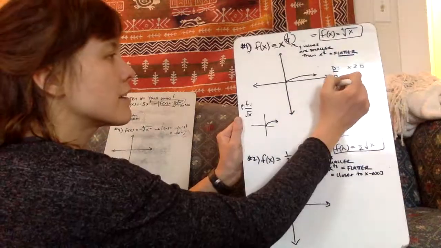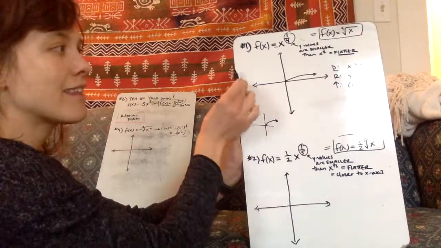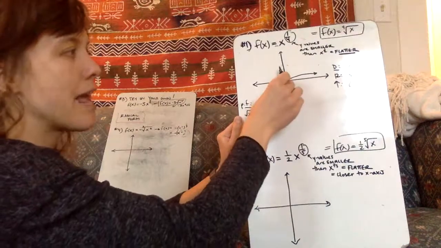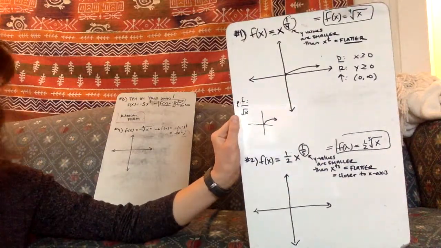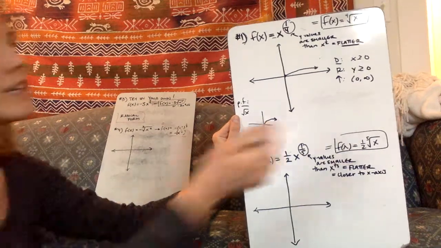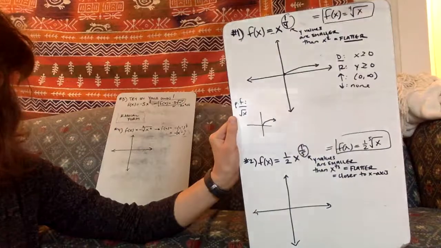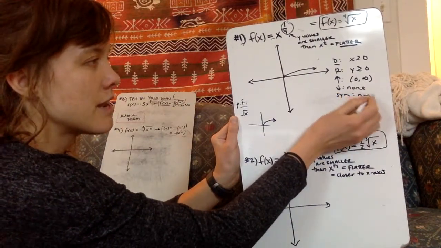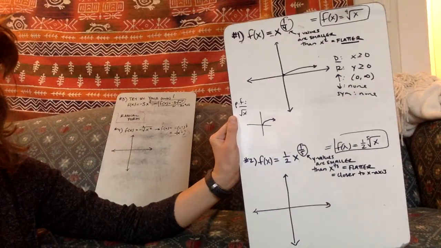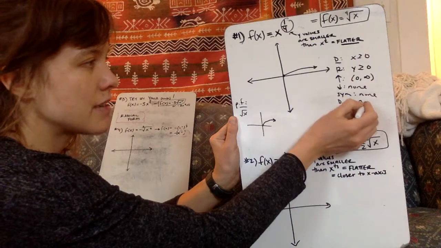My increasing interval is from 0 to infinity, so I don't have anything from negative infinity to 0, but I am increasing from 0 to positive infinity. I don't have a decreasing interval, so there's none. My symmetry, there's none. My discontinuities, there's none.